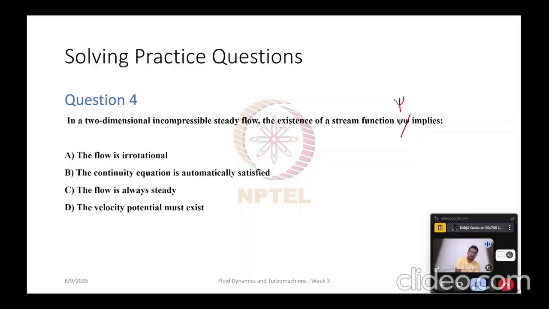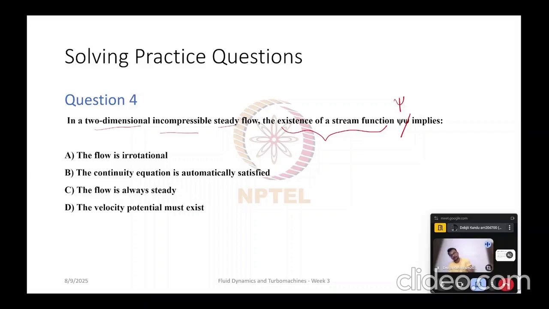So, focus on the question. It's given that it's a 2D incompressible as well as steady flow. Given that, if there is the existence of a stream function psi, what does it imply? Does it imply that the flow is irrotational? Does it imply that the continuity equation is automatically satisfied?